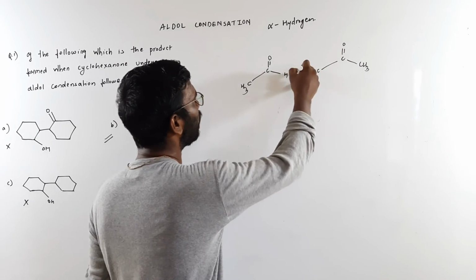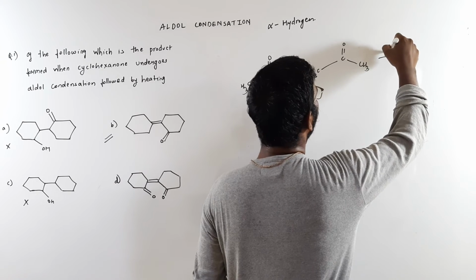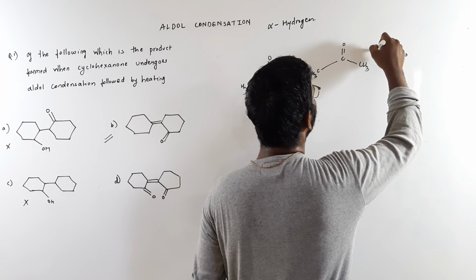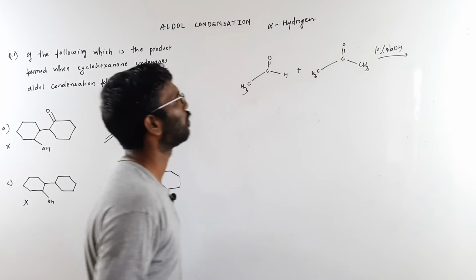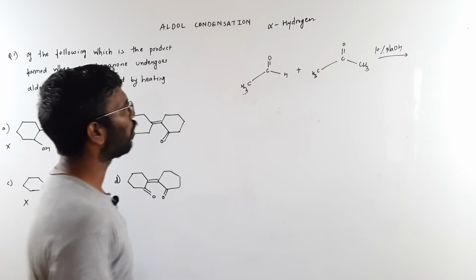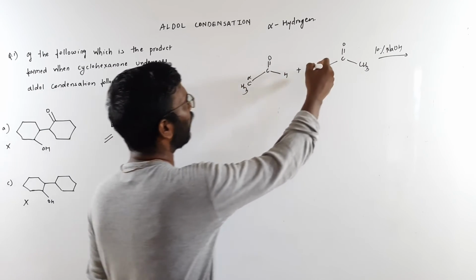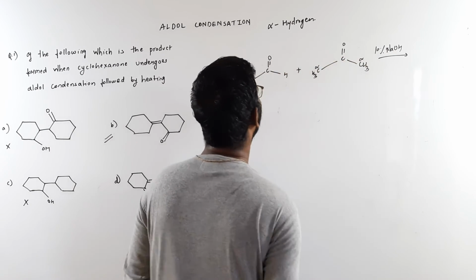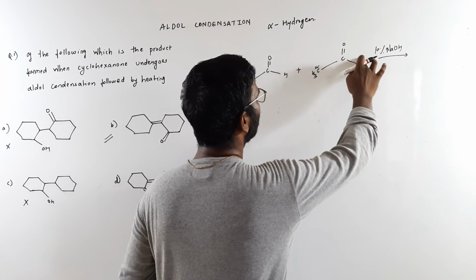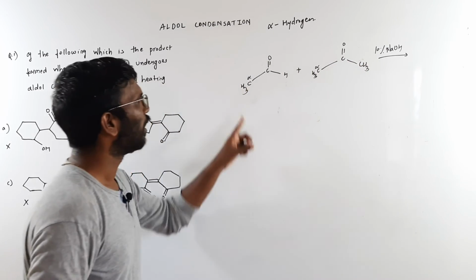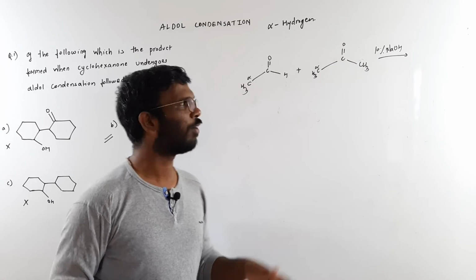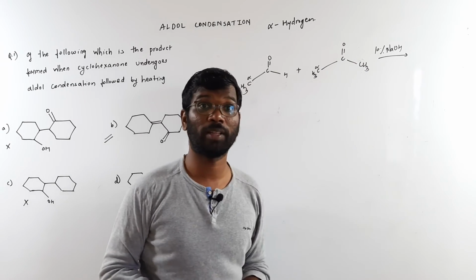Let's take this reaction, and we are doing an aldol condensation with dilute NaOH. Which alpha hydrogen are you going to remove, because this is also alpha and this is also alpha? Here it doesn't matter, any one hydrogen you can remove, but whether you are going to remove the alpha hydrogen of the aldehyde or of the ketone matters.